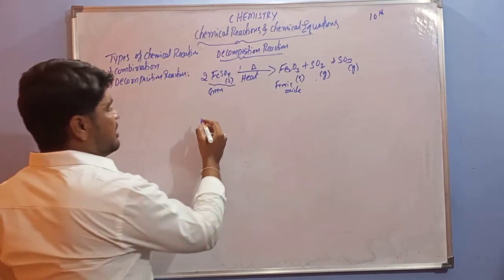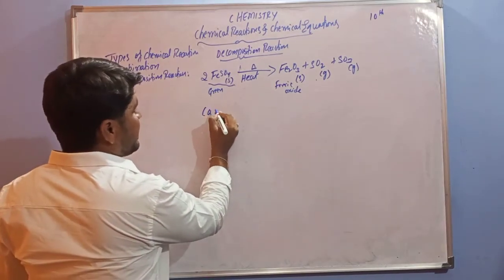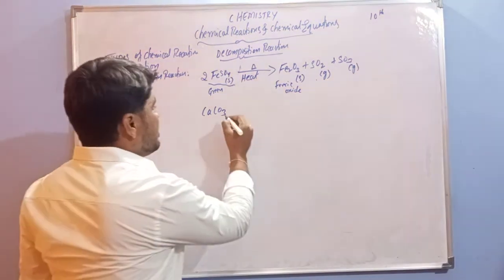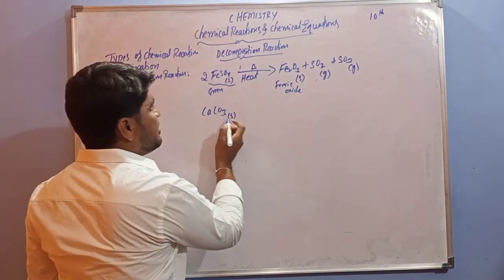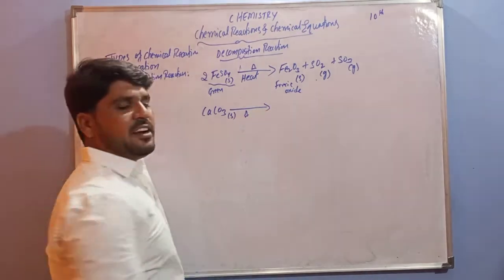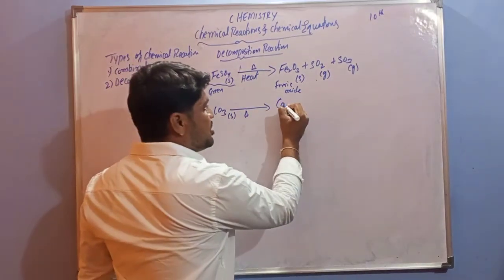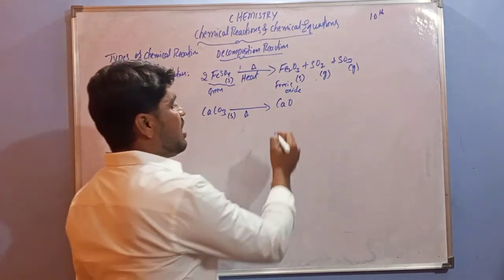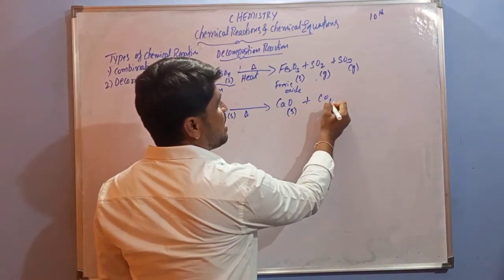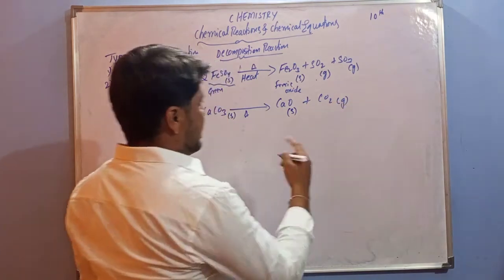One more example: take calcium carbonate, which is in a solid state. If you heat the calcium carbonate, we get calcium oxide, that means quicklime, which is in a solid state, and carbon dioxide, which is in a gaseous state.